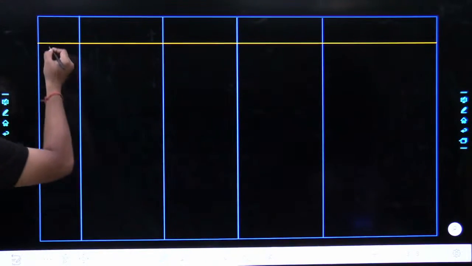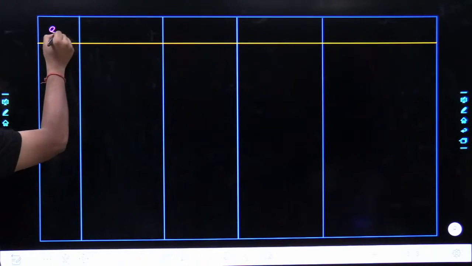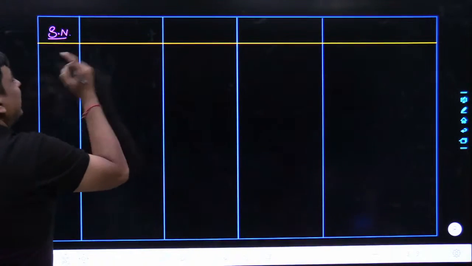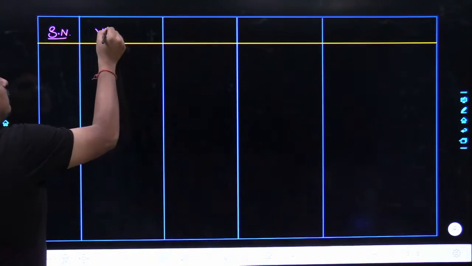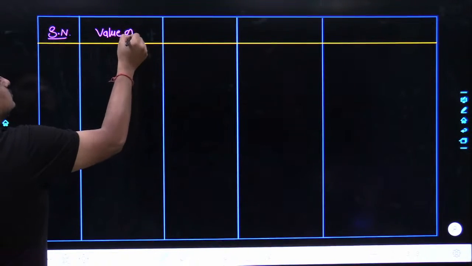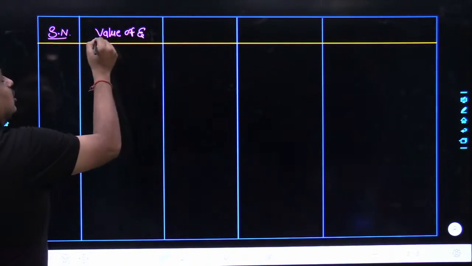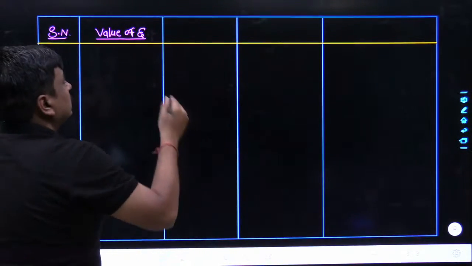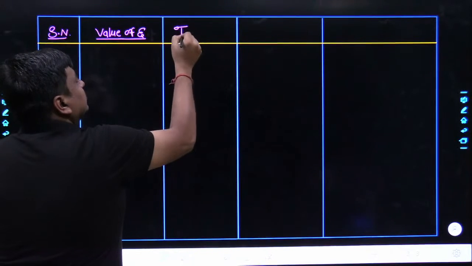The first column is the serial number, the second column is dedicated to the value of zeta. The third column is dedicated towards the type of system.